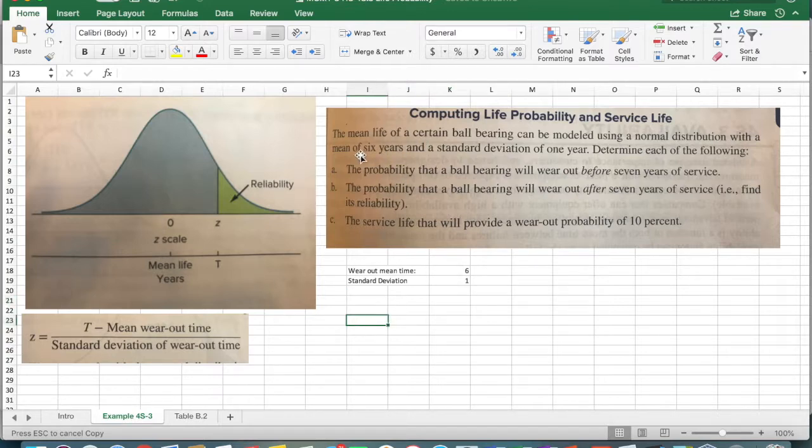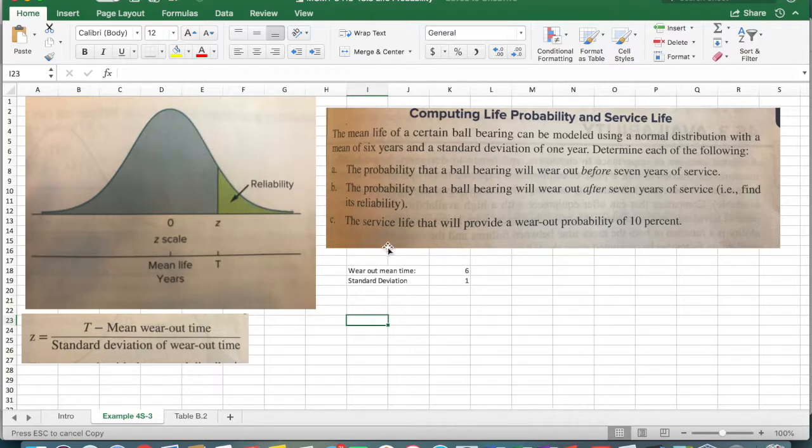So this example says the mean life of a certain ball bearing can be modeled using a normal distribution with a mean of 6 years and a standard deviation of 1 year. Determine each of the following. So that means that the life of this ball bearing can be plotted on a normal distribution, this bell curve.